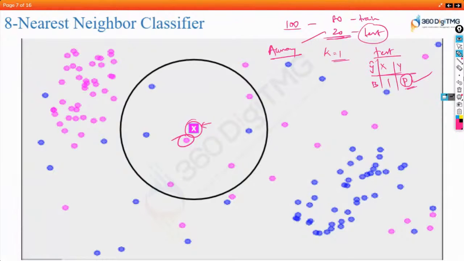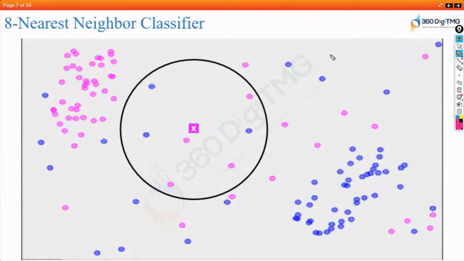Your prediction is correct, right? But if your value is pink class, but you predicted as blue class, then in that case, it is a wrong prediction, right? So this way we'll measure the number of times the model has correctly predicted on this particular 20 records data, right? And those predictions are stored for our analysis purpose.